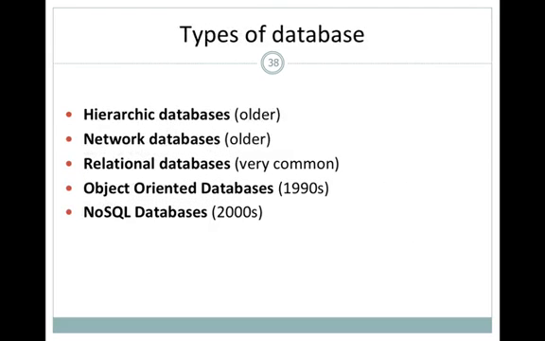Now, the field of databases has evolved over the years, like all other areas of computing. And the list here is a chronological list of several different kinds of database. So the first idea, going back quite a long way, was hierarchical databases.